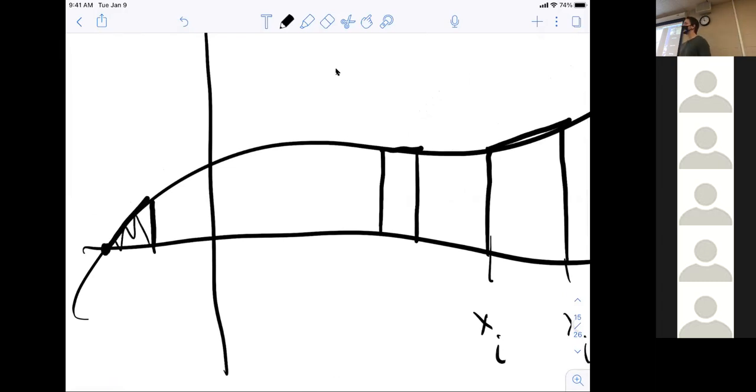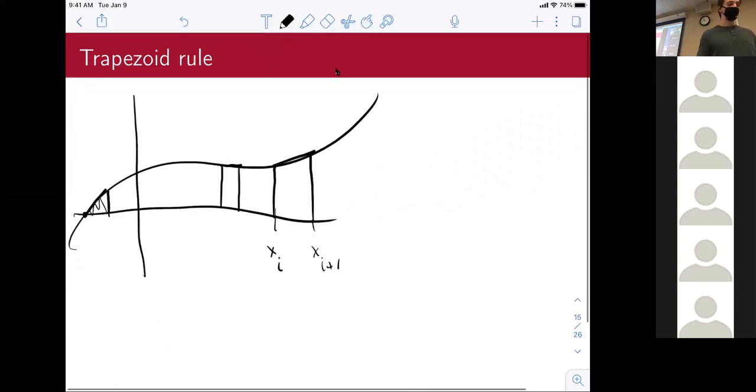So for the trapezoid rule, we're using either trapezoids, triangles, or rectangles to approximate the area under the curve. When we actually write out the rule, we don't need to make any special distinction. It's going to fall out just by looking at how we calculate these areas.